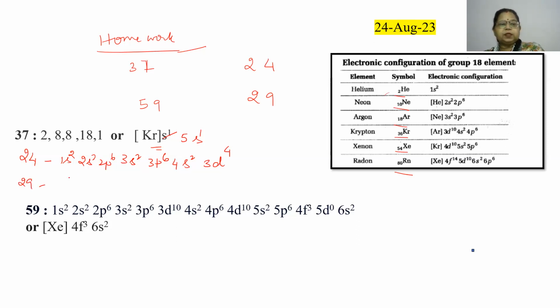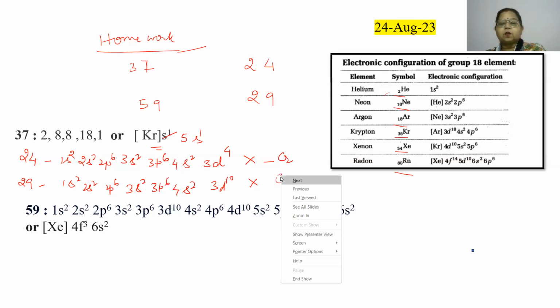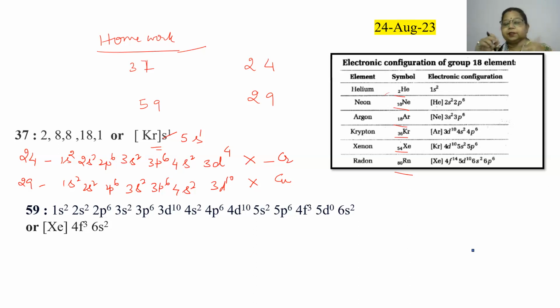Similarly, for 29, you must have written 1s2, 2s2, 2p6, 3s2, 3p6, 4s2, 3d9. But both the configurations are incorrect. Please remember, 24 is the atomic number of chromium and 29 is the atomic number of copper. Whenever you have a choice between 3d4 and 3d5, it has to be 3d5.